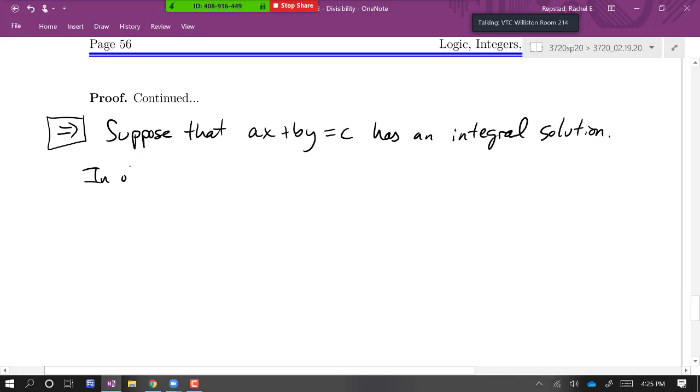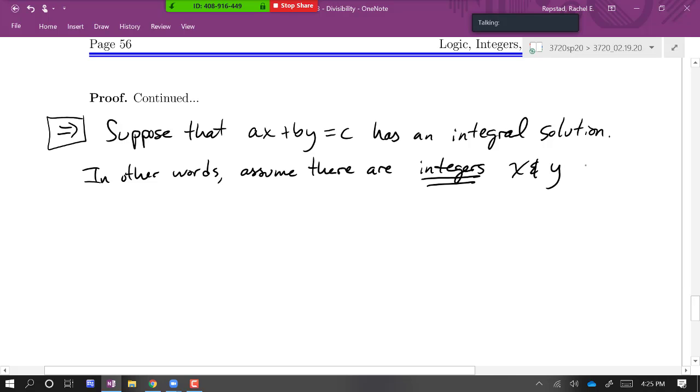So, in other words, let's assume there are integers x and y such that ax plus by equals c.